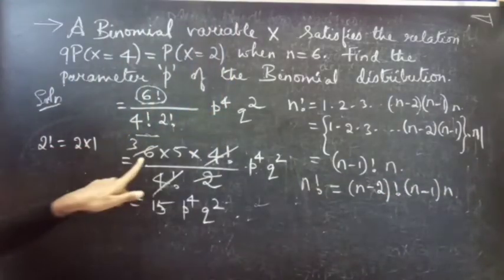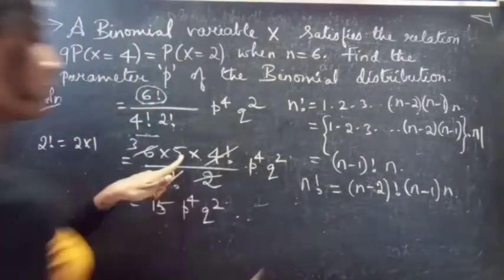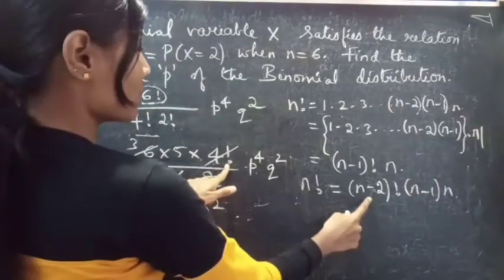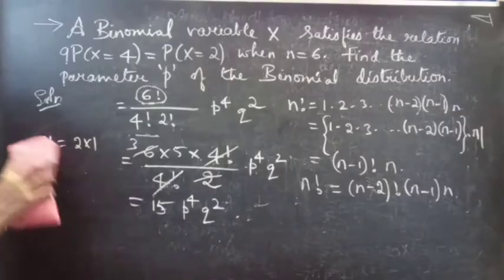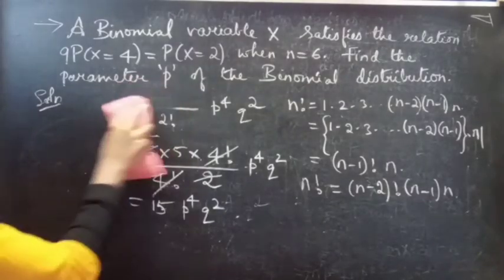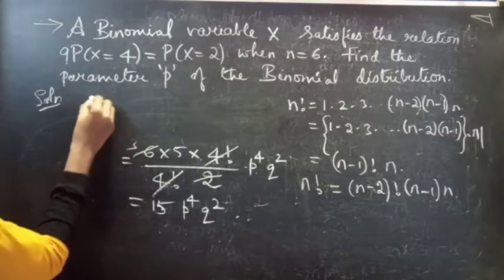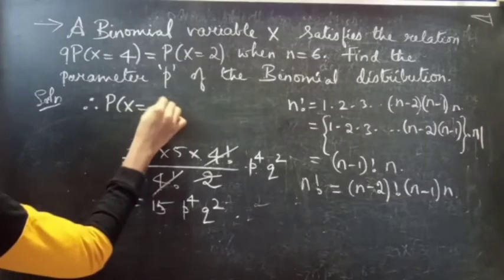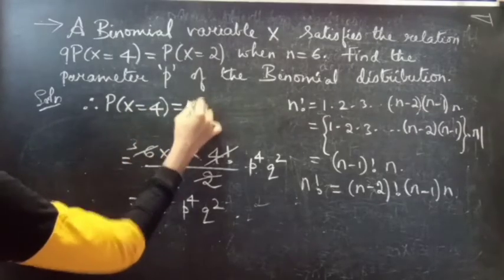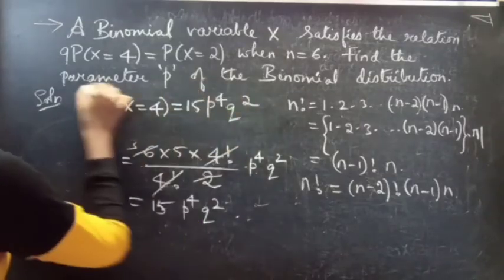See, in the place of n you have 6, in the place of n minus 1 you have 5, in the place of n minus 2 you have 4. Therefore, probability of capital X equals 4 is equal to 15 into p power 4 into q square.